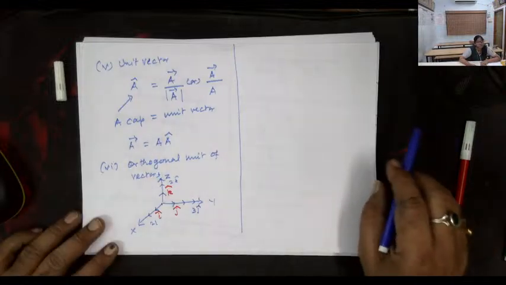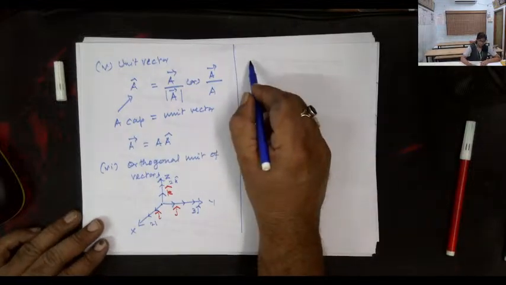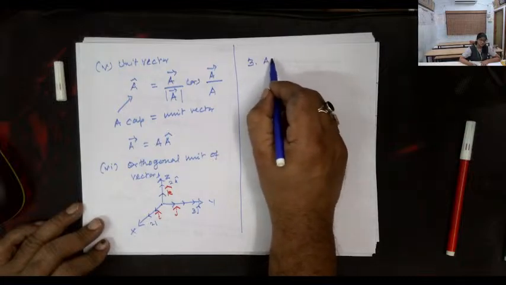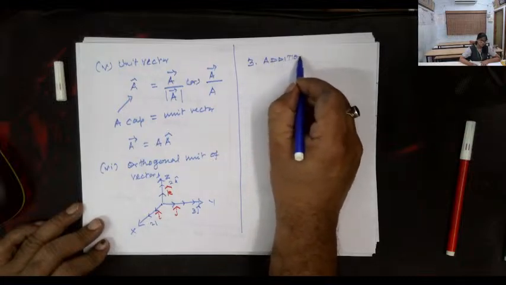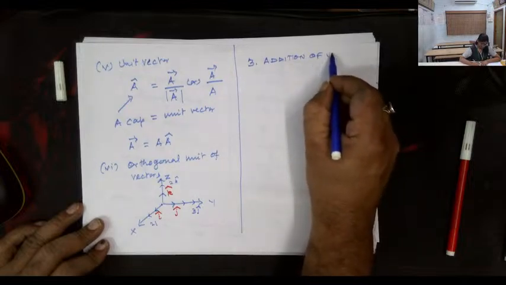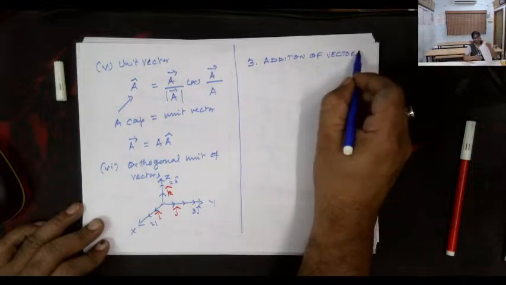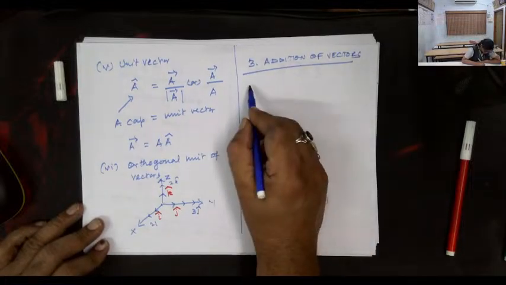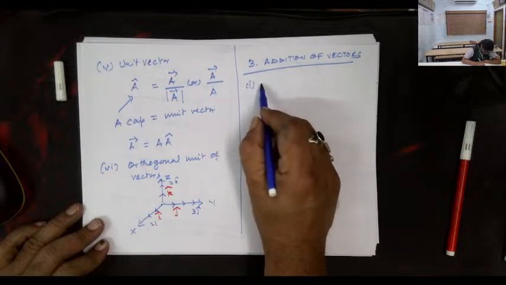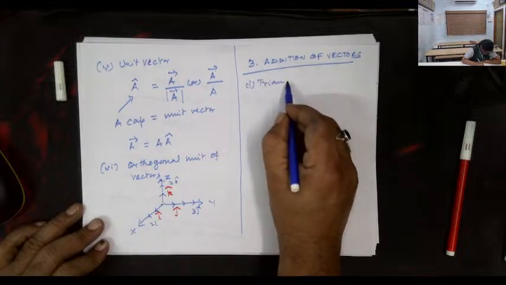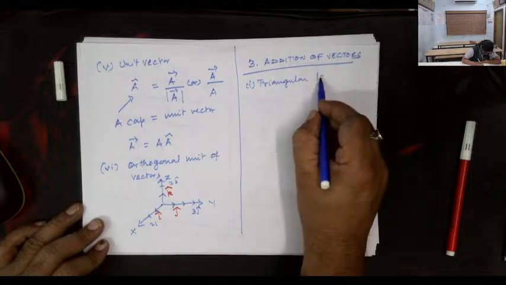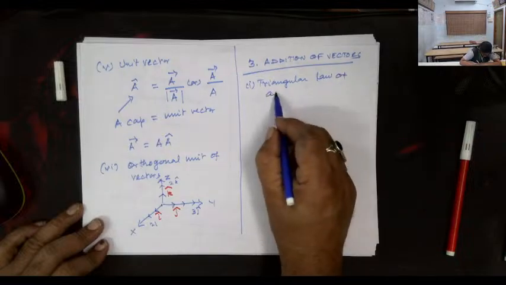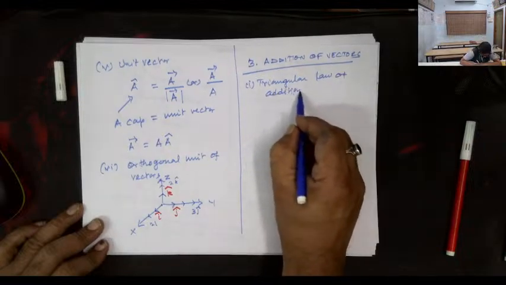Next, addition of vectors. So there are two important laws. One is the triangular law of addition method.